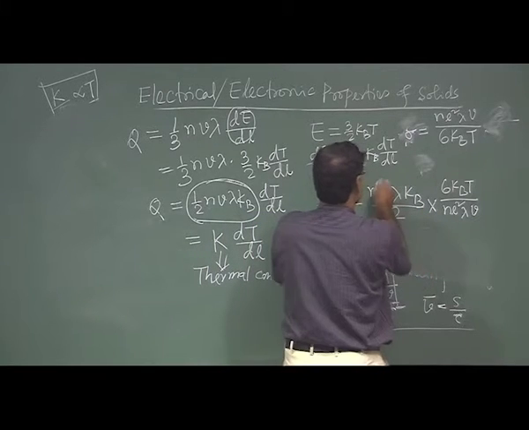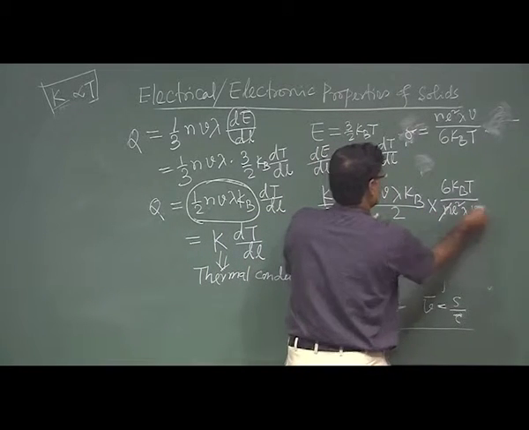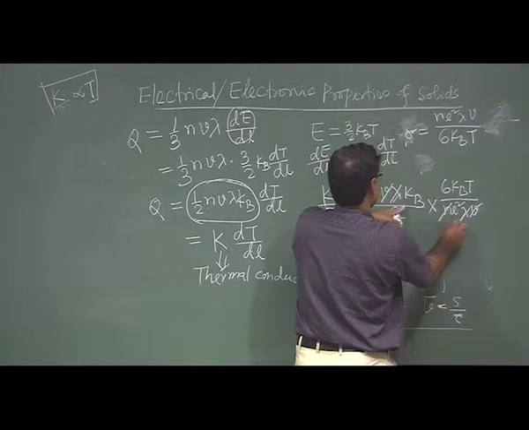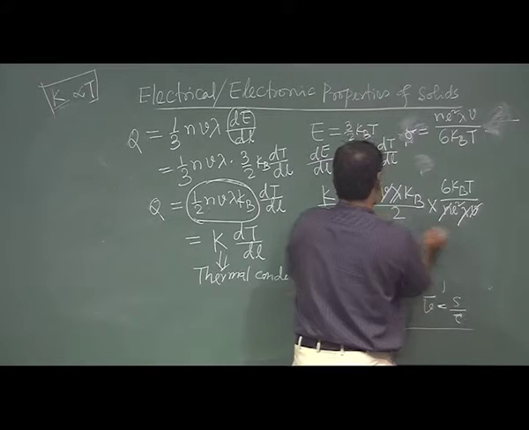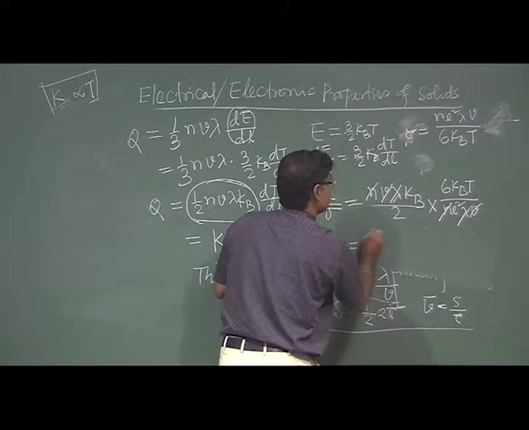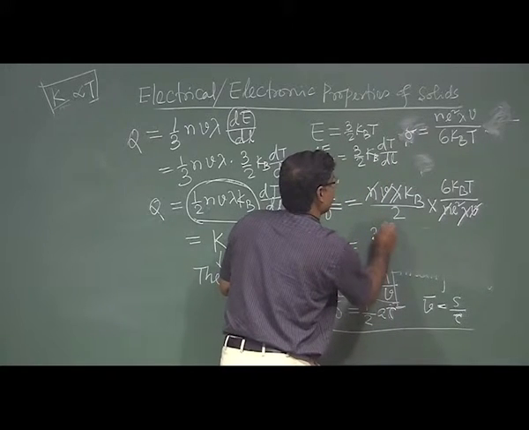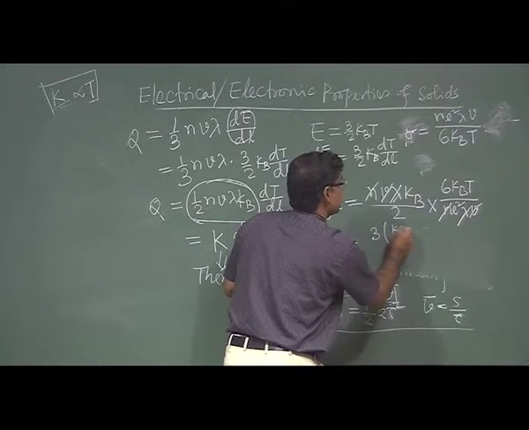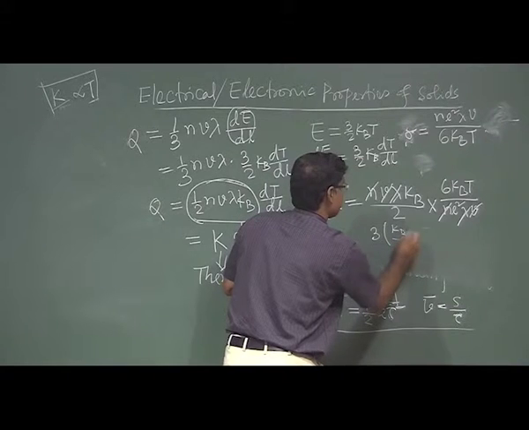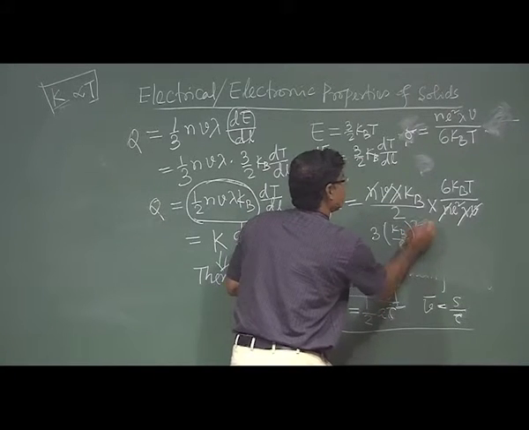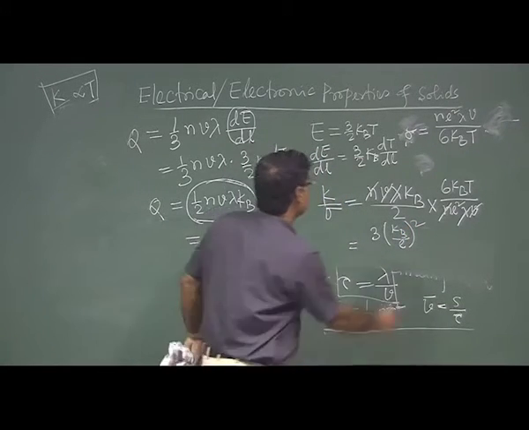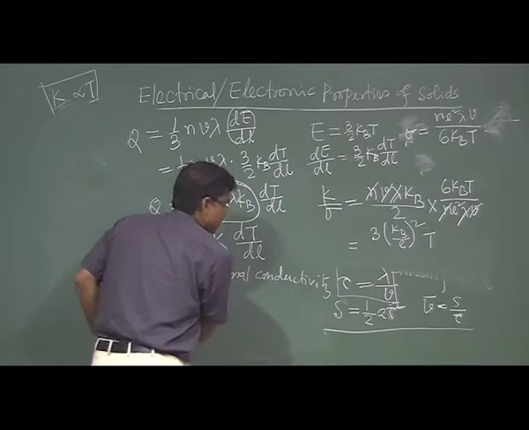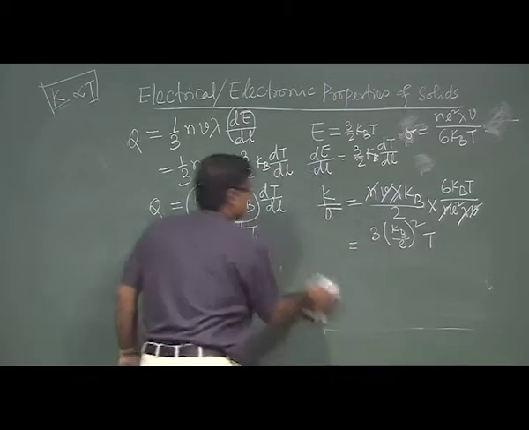What I am getting is n will go, v will go, lambda will go, and yes, I am getting 3 kB by e square into T, right, into T.